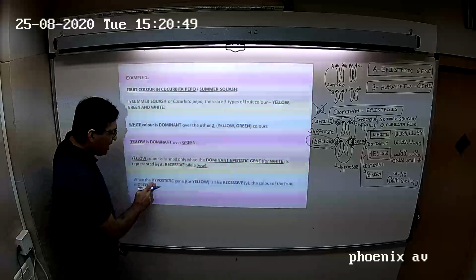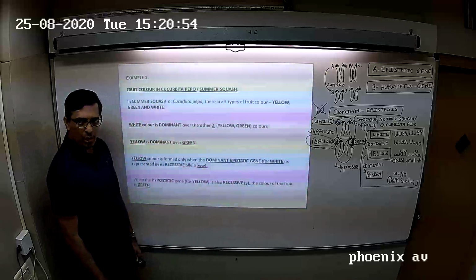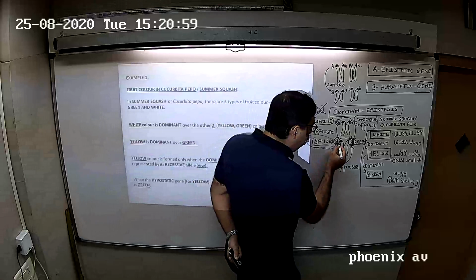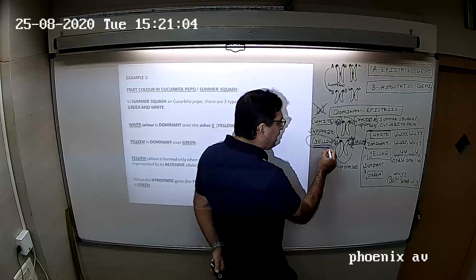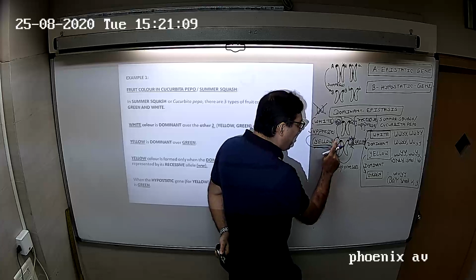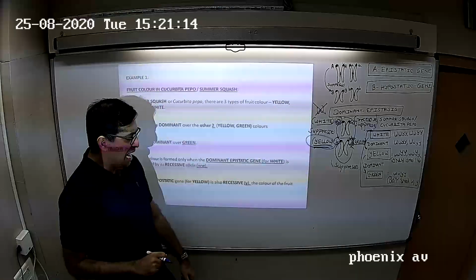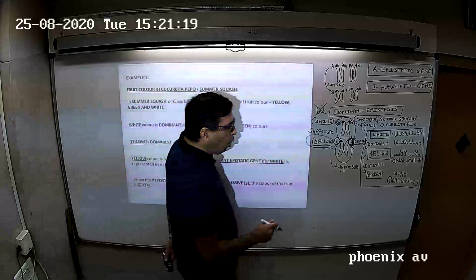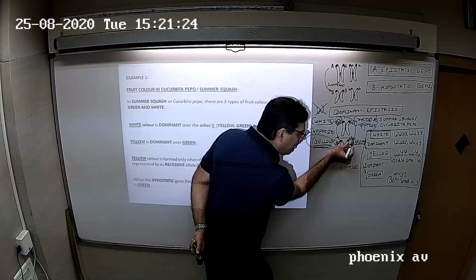And when the hypostatic gene for yellow is also recessive. Yellow suppresses green. So when the hypostatic yellow is also recessive, instead of capital Y, it is small y. Small y. And then the color of the fruit is green. So small y and small y.